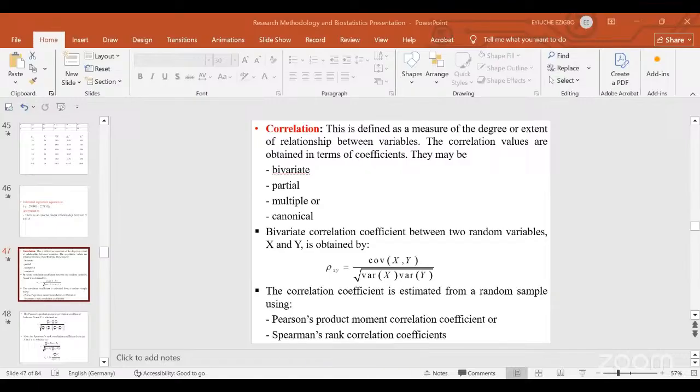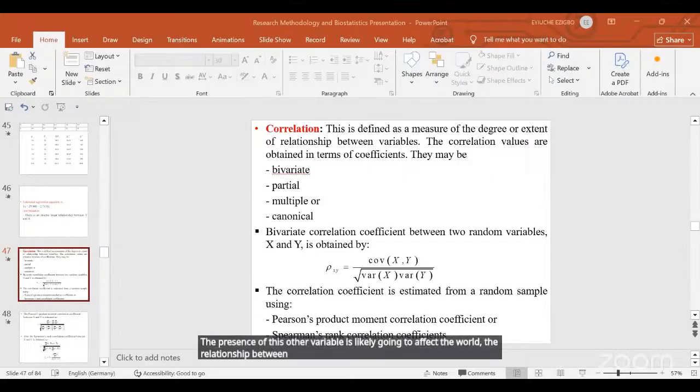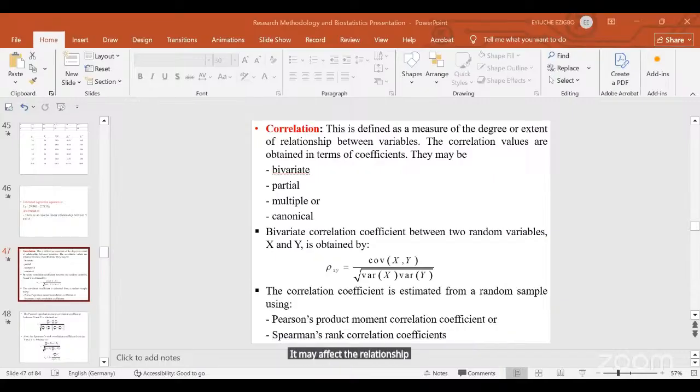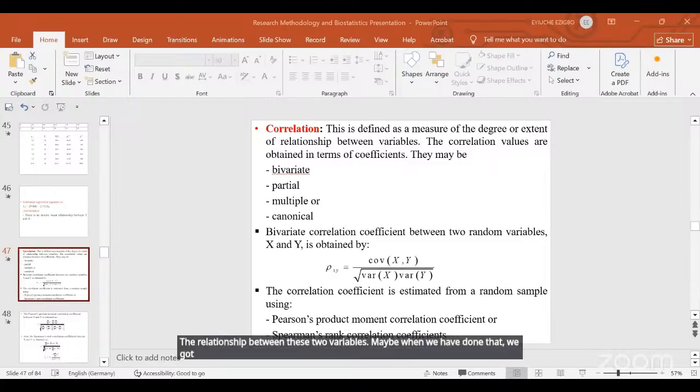Then the second type of correlation is correlation between two variables in the presence of another variable. The presence of this other variable is likely going to affect the relationship between these two variables. It may affect their relationship adversely, or it may affect it positively. When we determine the extent of their relationship, maybe we got the value of 0.8.